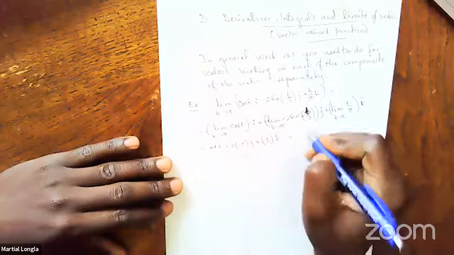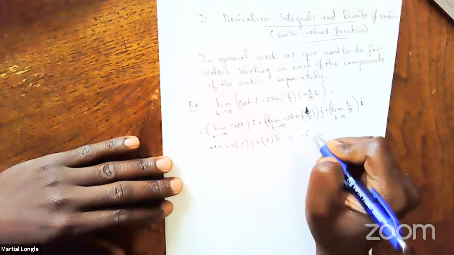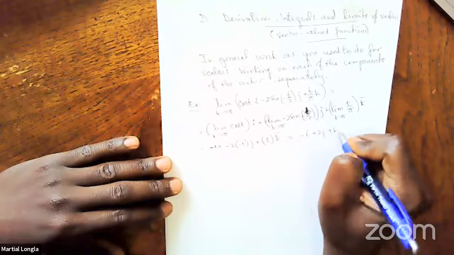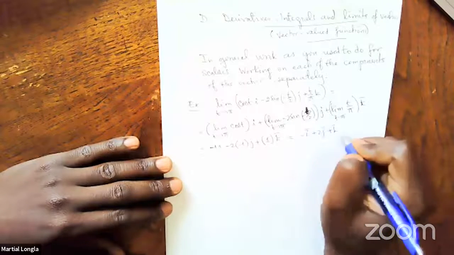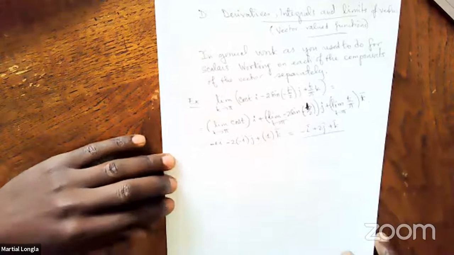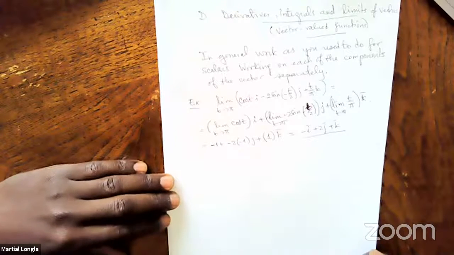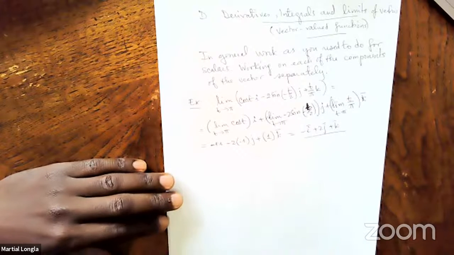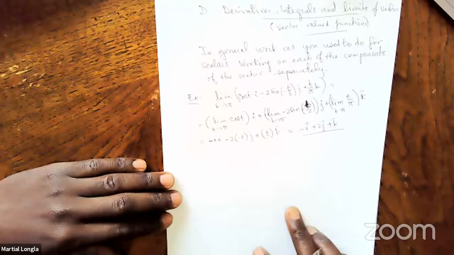And now you can do the thing. So that's minus i plus 2j plus k. That's it. That's how you find the limit. If it's given to you in brackets, you just find the limits of each of the components of the bracket. That's it.